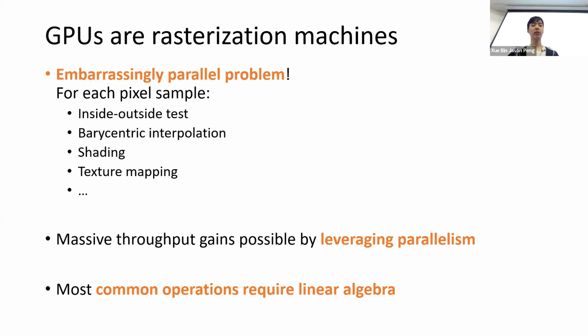So these are the characteristics of a rasterization pipeline that GPUs will use in order to make rendering extremely fast. Any questions about this?